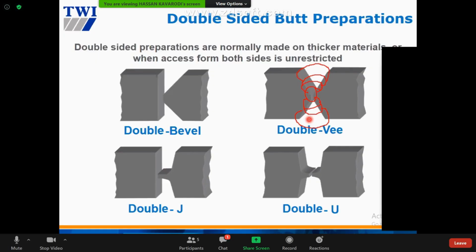So distortion is greater in single V compared to double V, and double V is easier to weld. And remember this: when you qualify a welder with double V, he is not qualified to weld single V because of the difficulties in single V. So single V requires more skill, got it? Compared to double V, right?